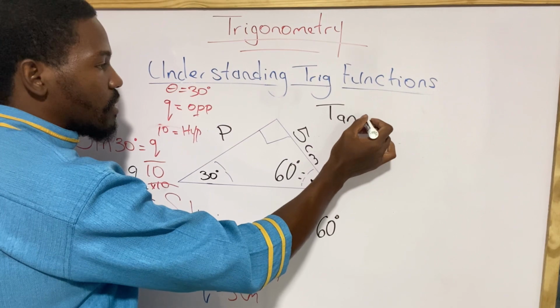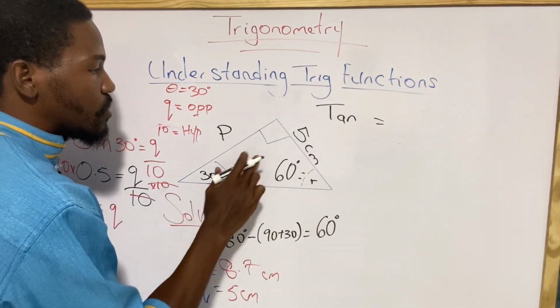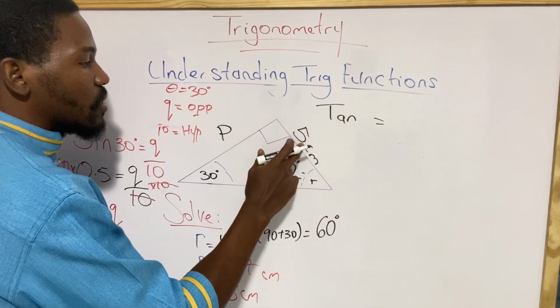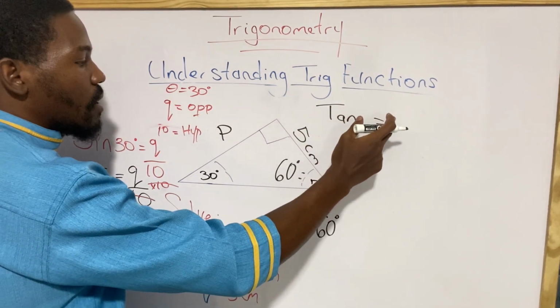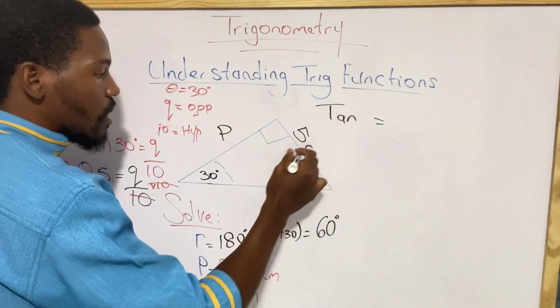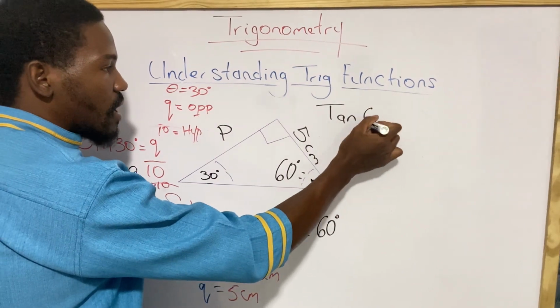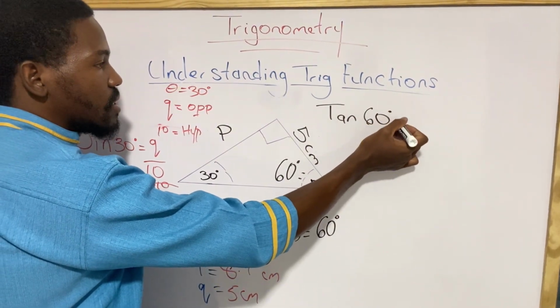So in this case, we could actually use tan 30. If we use tan 30, the opposite would have been 5 centimeters at the top, right? And P would have to be at the bottom, right? So we could have used tan 30, but I'm actually going to use 60, and I'm going to tell you why I'm going to use 60 in this case.